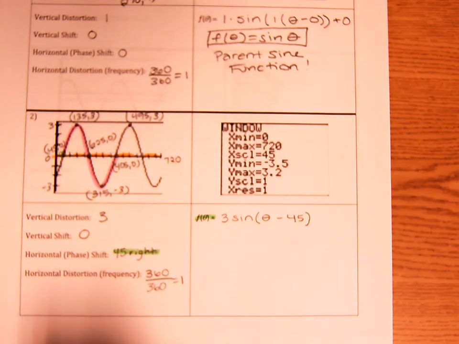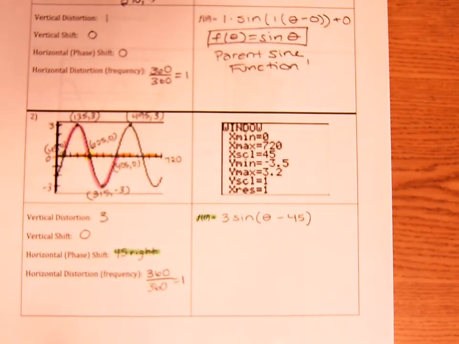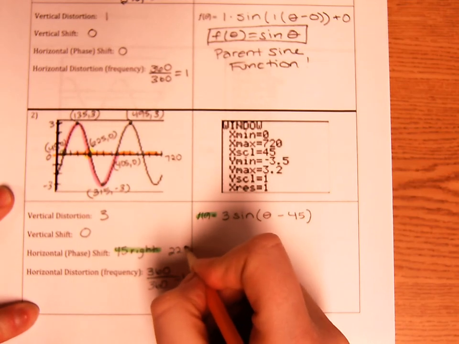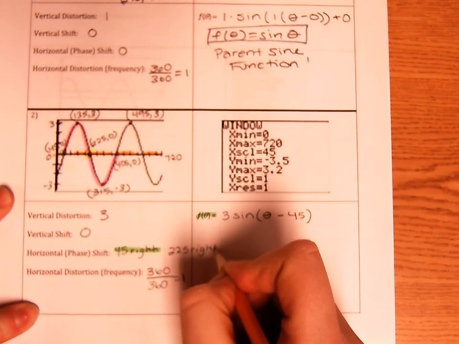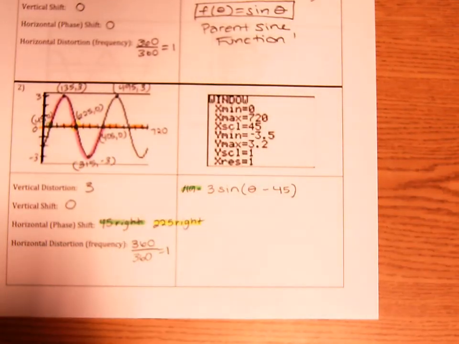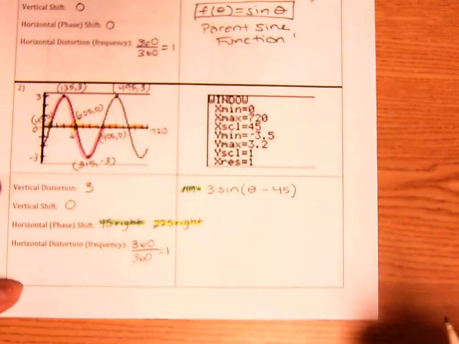Another way, just for more practice, let's say I choose to start from 225. Because again, I just need to make sure I pick a point on the center line. In that case, that would be 225 to the right. And if I choose to start at 225, notice I'm going down from that point.